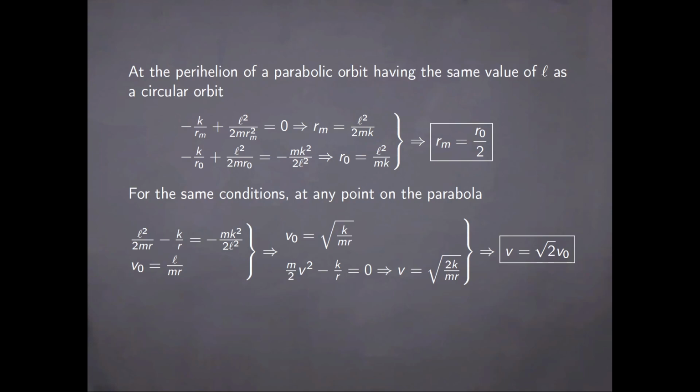Now, in the same conditions, we can find a similar result for the velocity at any point on the parabola. So once again, we can write the energy conservation for the motion on the circle, and keep in mind that there's a squared factor missing here, so this is r squared.